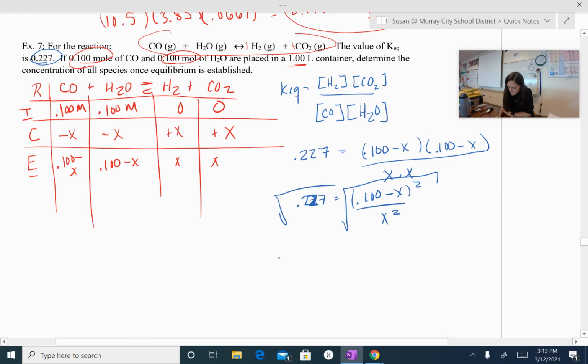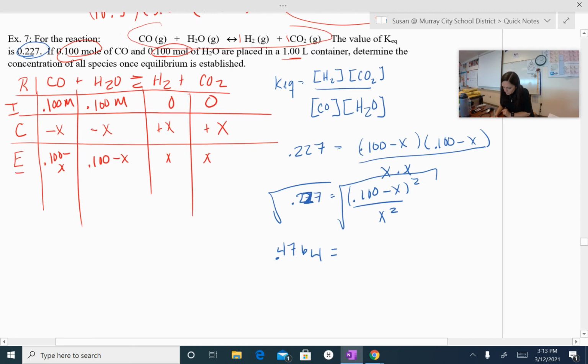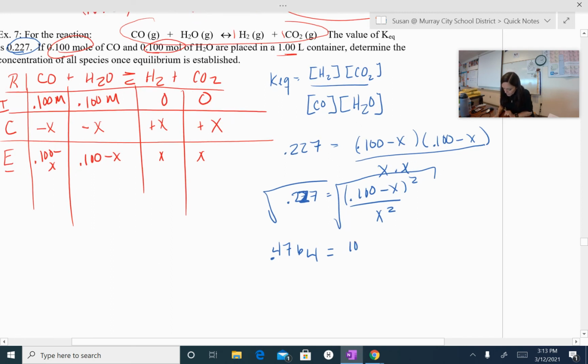So I get 0.476, and I'm going to give it one more digit because I don't want to have rounding errors, is equal to 0.1 minus X all over X. So now I just solve for X. So I'm going to have 0.4764X is equal to 0.1 minus X. So I'm going to add that X to both sides.